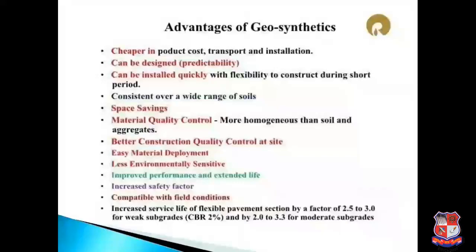Consistent over a wide range of soil, space saving, material quality control, more homogeneous than soil and aggregates, better construction quality control at site, easy material deployment, less environment sensitive, improved performance and extended life, increased safety factor, compatible with the field condition, increase service life of flexible pavement section by a factor of 2.5 to 3.0 for weak subgrade, where CBR value, the California bearing ratio, is 2%, and by 2.0 to 3.3 for moderate subgrade.